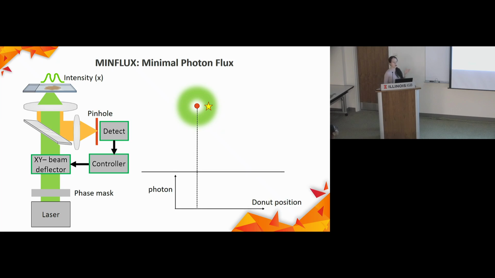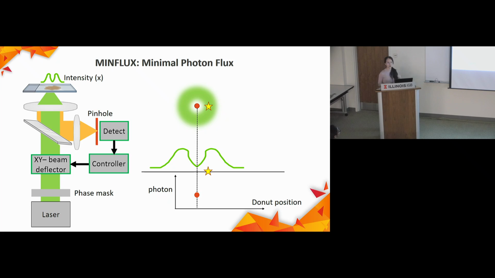Then on the detector, because you have an excitation laser of a donut shape, you will get some emission light out of your sample. But you know it's not the minimum emission light yet because it's not zero yet.